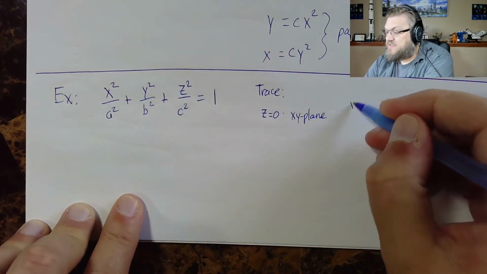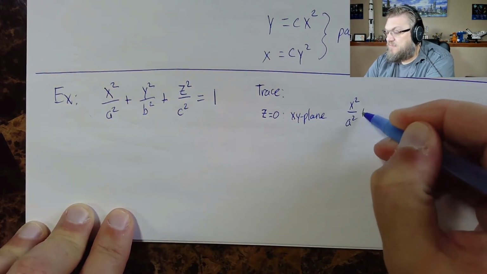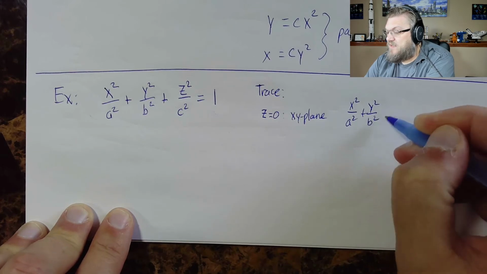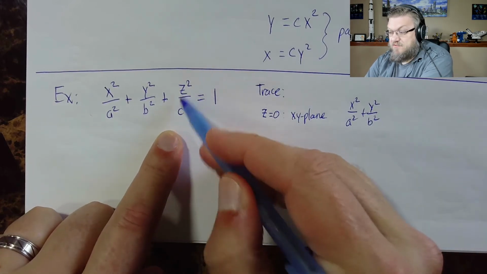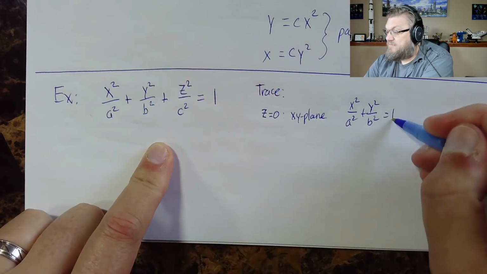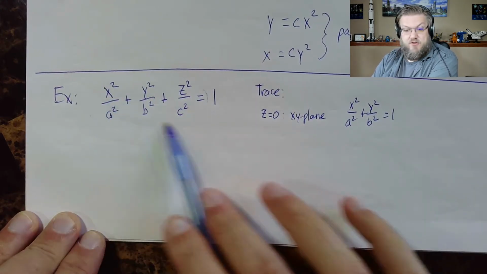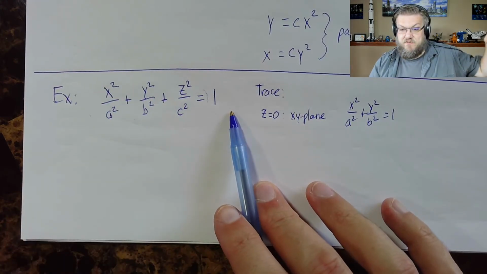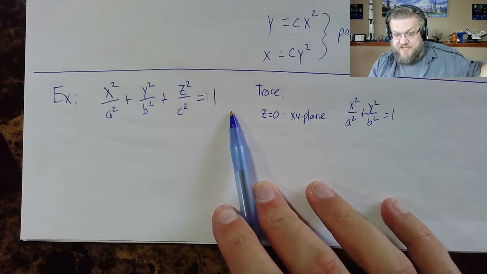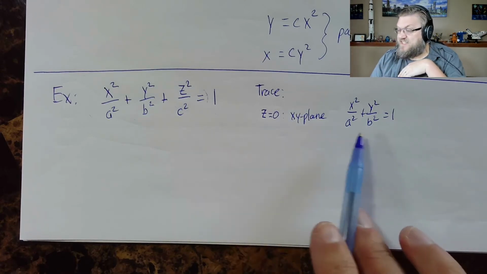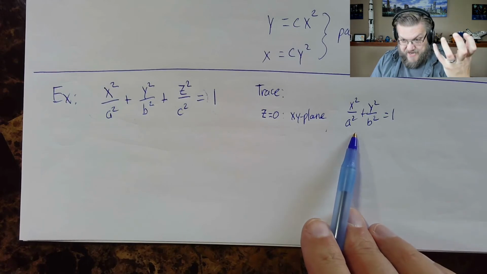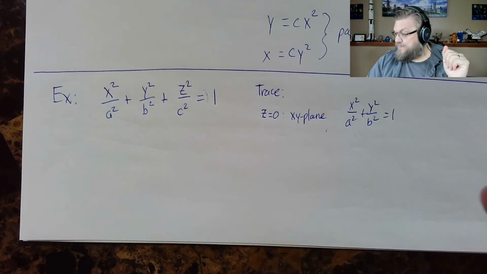I get x squared over a squared plus y squared over b squared, z squared, so z is 0, that's gone, and that equals 1. Do you recognize that the trace of this shape, whatever it looks like, when I cut it with the xy plane, intersect it with the xy plane, its trace, its intersect, is an ellipse.